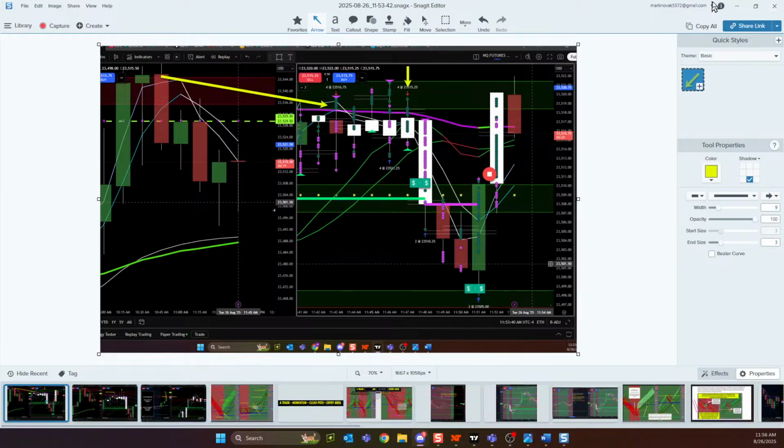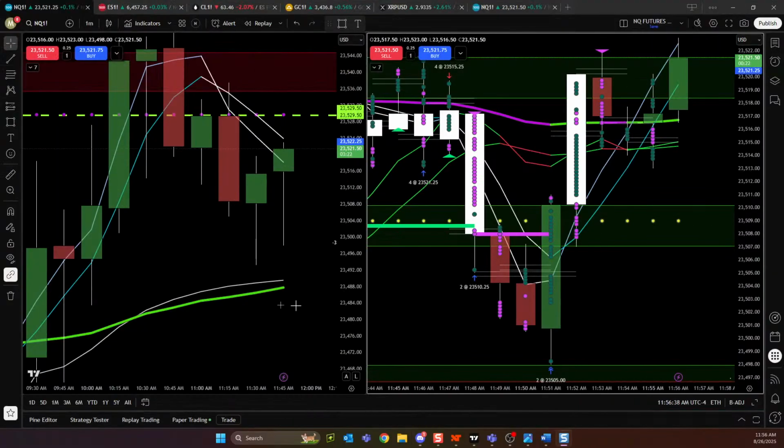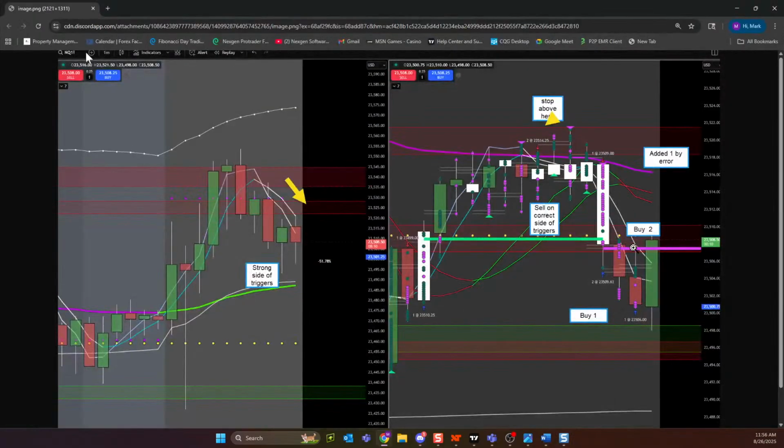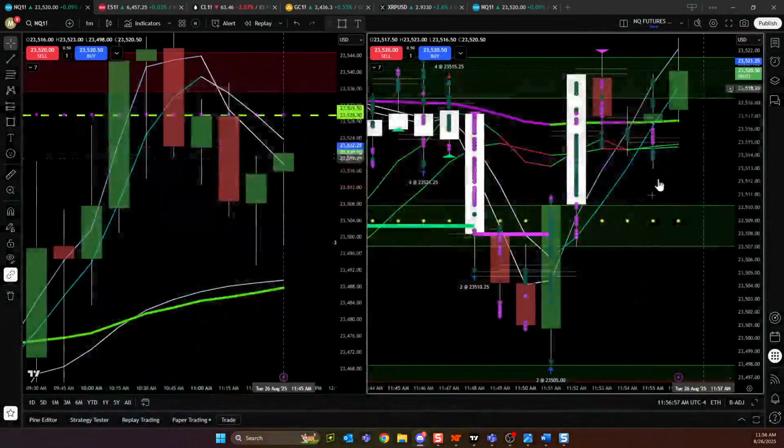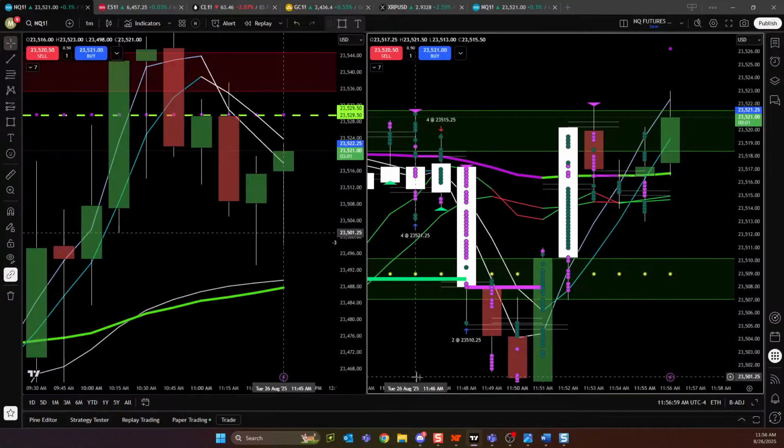You had it behind the zone? Bring that back up. Did I miss it? 06 is below the zone. You had to get out? No worries. Sometimes you got a potty. All right, Paul, let's do it.